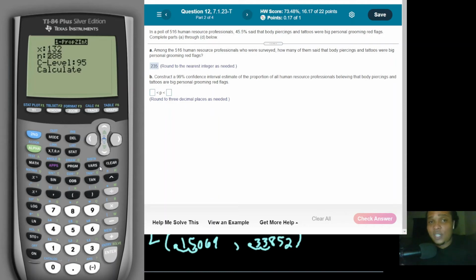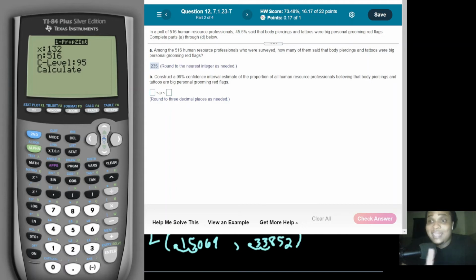It says in a poll of 516 human resource professionals. That's the whole enchilada right there. Go ahead and put your 516 for your n. Now, it says 45.5% of that 516 said that body piercings and tattoos were too much. We have to figure out what 45.5% of 516 is. That's going to be our x. You can't just take 45.5%, like when you're doing 50% of 20, you don't say 50% times 20.